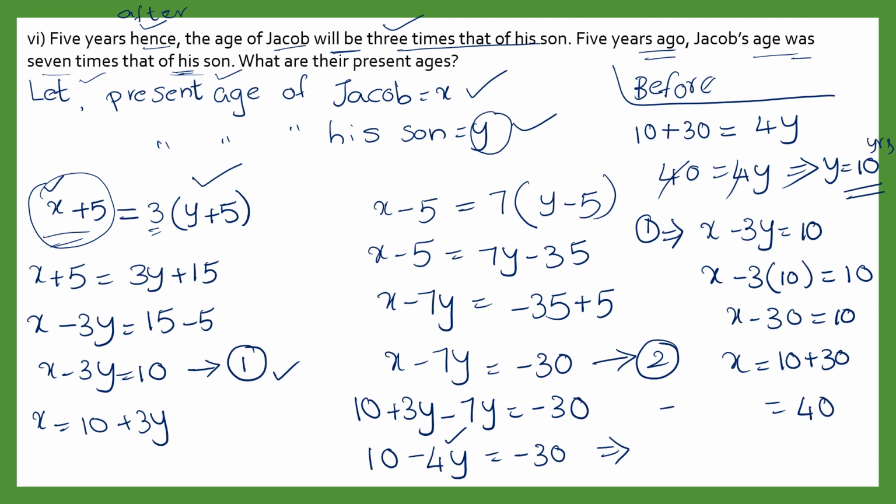So this is Jacob's present age. They are asking to find the present ages of both Jacob and his son. The present age of Jacob is 40 years and the present age of his son, Jacob's son, is 10 years.